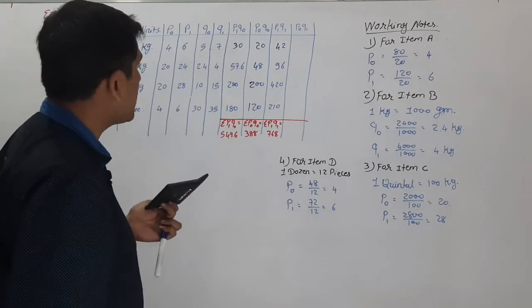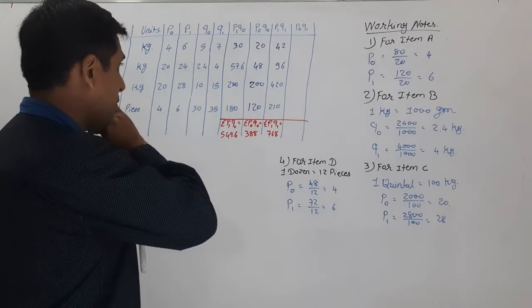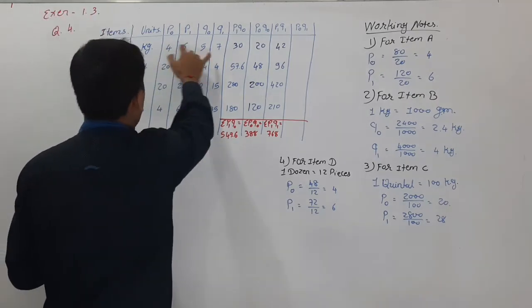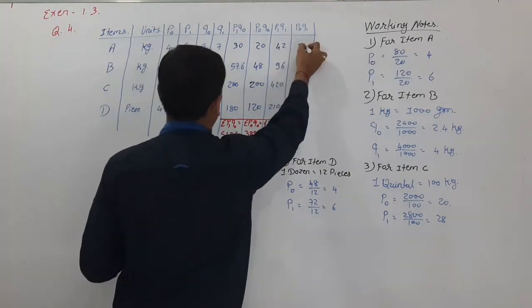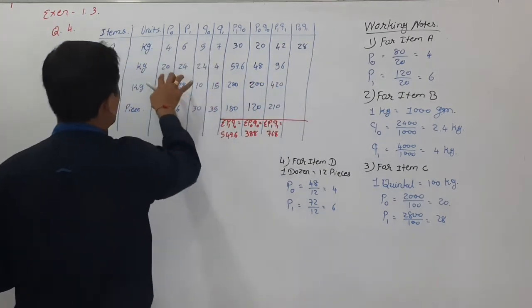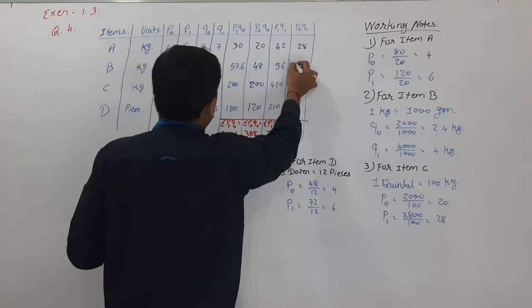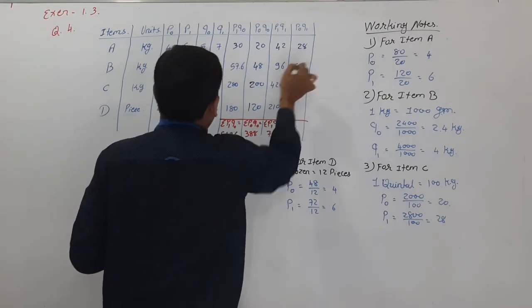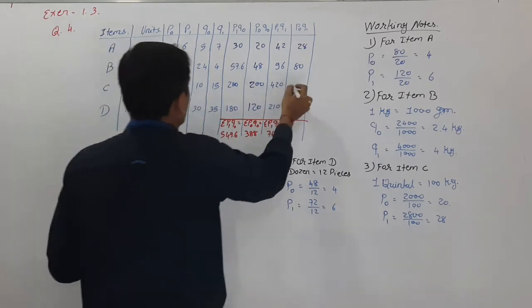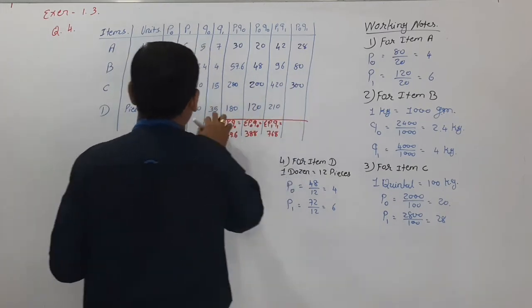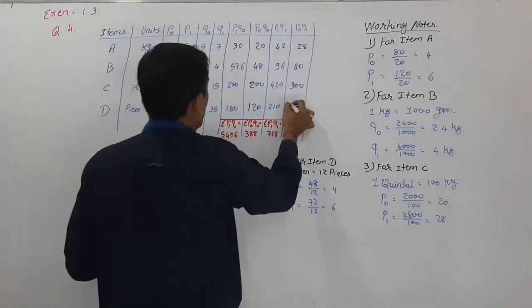And the last one is sigma P0 Q1. P0 and Q1. 4 7s are 28, then 20 4s are 80, then 15 20s are 300, and then 35 4s are 140.